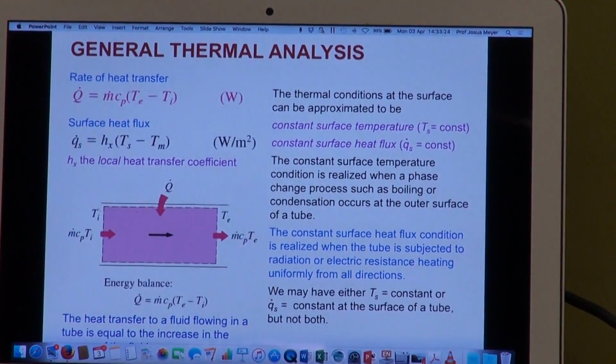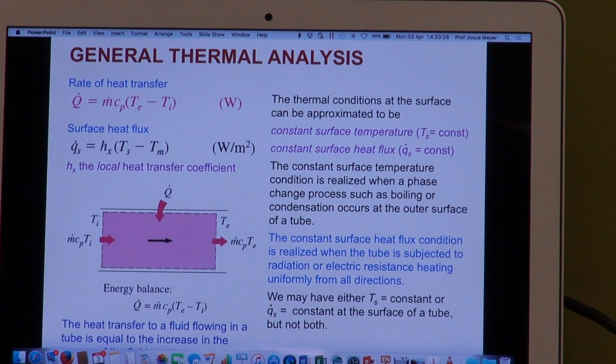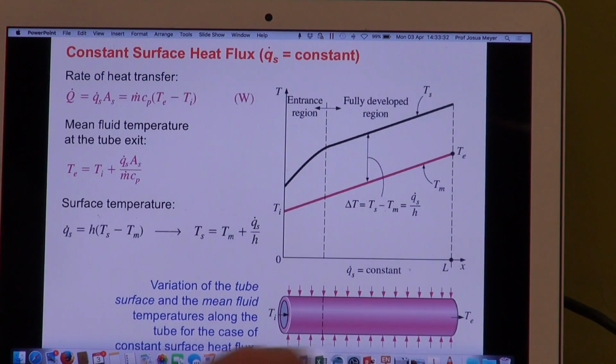Okay. So in terms of just looking on the PowerPoint, just going back to some of the things that I've written on the board, the general thermal analysis, there are 2 possibilities. The one is the constant surface heat flux. If you can follow the mouse there, you'll see what is important is that the fluid temperature increases linearly.